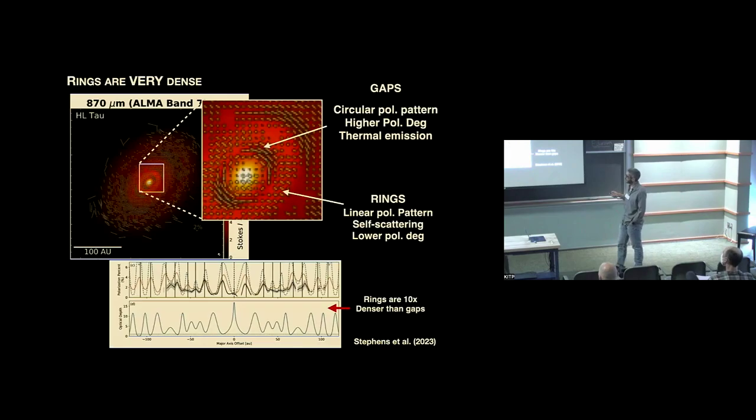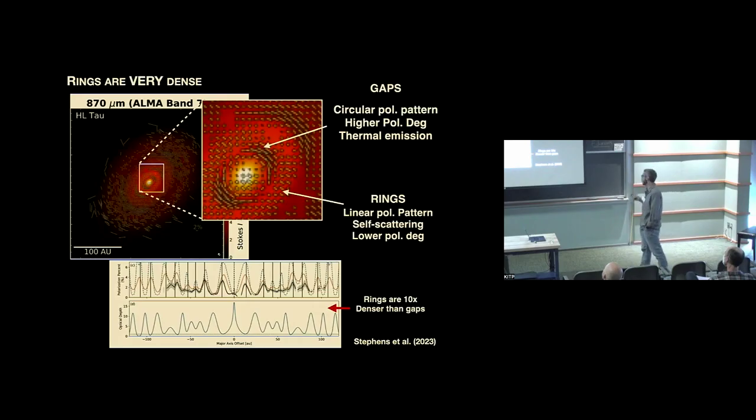So these are polarization observations. There is a lot of information from polarization, but what I want to emphasize here is that there is a change in the polarization pattern between gaps, which are optically thin, and rings, which are optically thick.